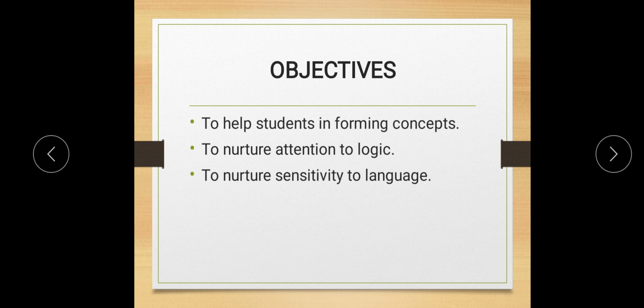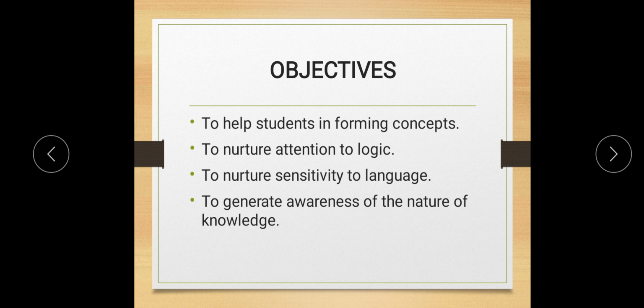To nurture sensitivity to language: since I'm thinking, it's very important for me to transact what I'm thinking to the other person. So how you say it or how you transact it to the other person is also very important. So it will help you understand the importance of language. So this is the third point, that is to nurture sensitivity to language.